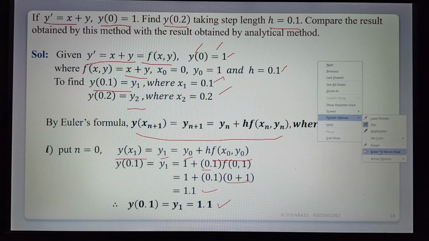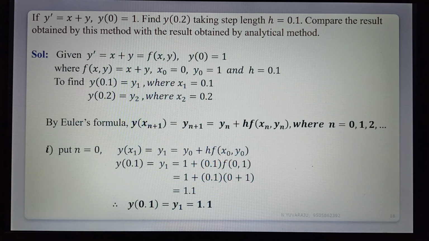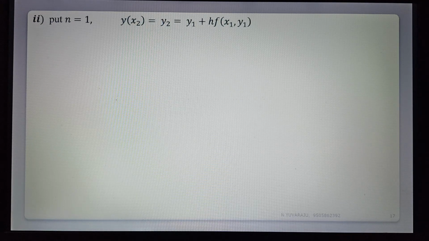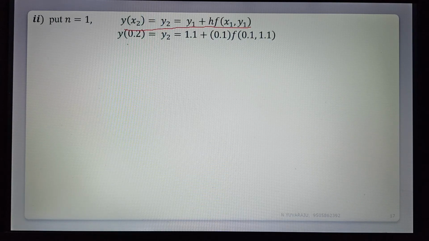So remaining, finding y of 0.2. Okay, now in the above formula substituting n is equal to 1. So y of x2 is equal to y2 is equal to y1 plus h into f of x1 comma y1. Substituting, y of 0.2 is equal to y2 is equal to y1 value 1.1 plus h is equal to 0.1 into f of 0.1 comma 1.1.